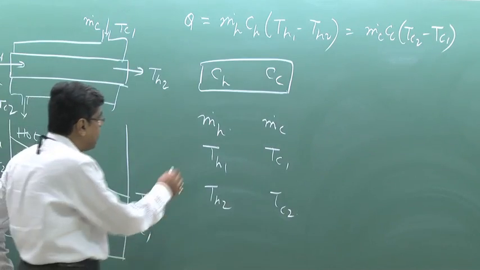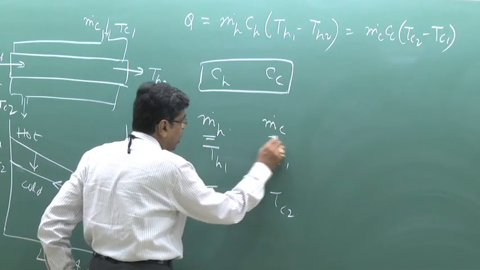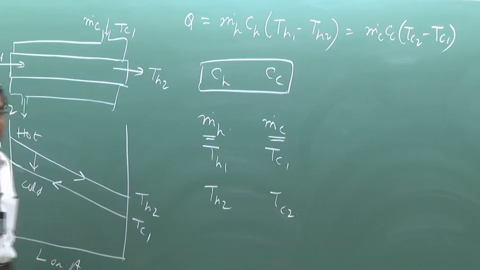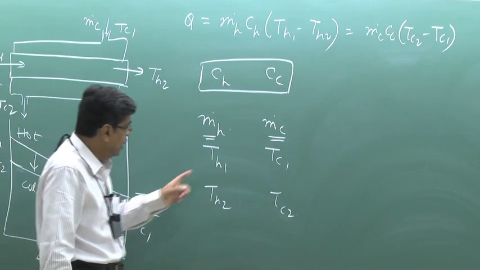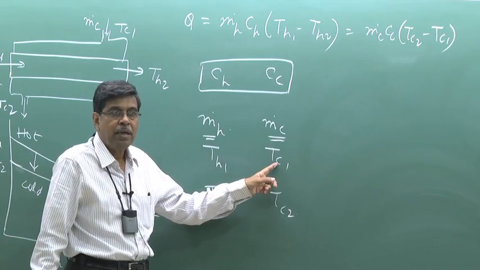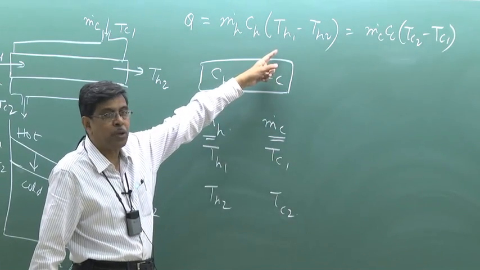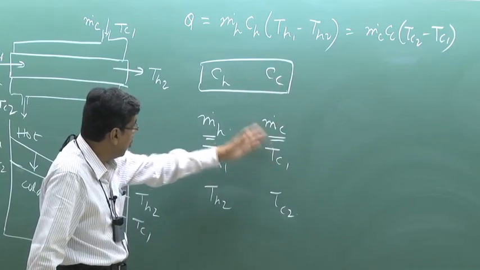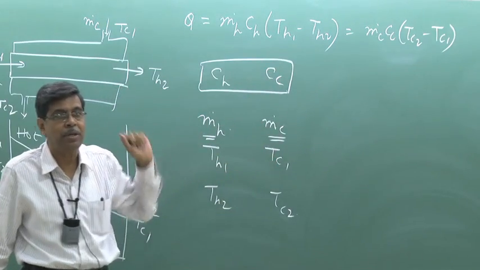Usually the mass flow rates of both hot and cold are given in some class of problems along with 3 temperatures, meaning implicitly I know the 4th temperature. That means all these 6 quantities are given.